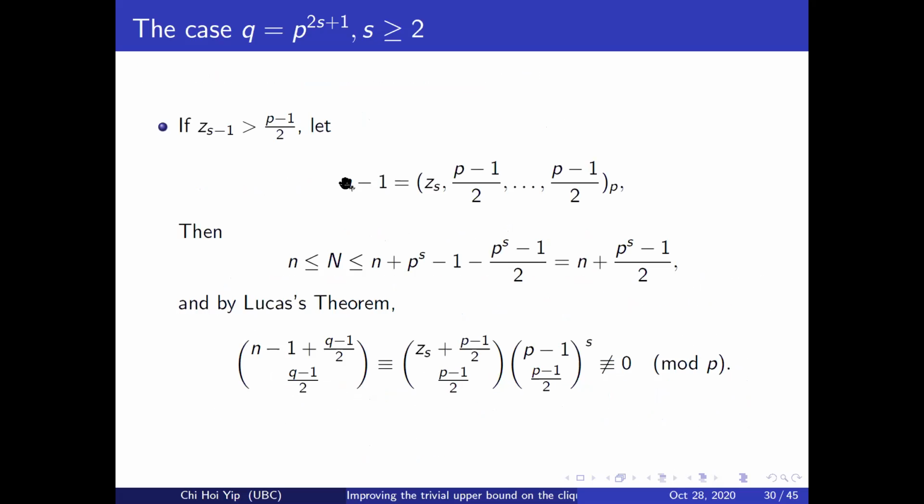In that case, we need to pick a different little n. So we just keep the first digit, and for the remaining digits, we pick them to be (p minus 1)/2. And again, the difference between capital N and little n will be relatively small because we keep the largest digits. And we can check that this is non-zero by Lucas theorem. It should be simple.